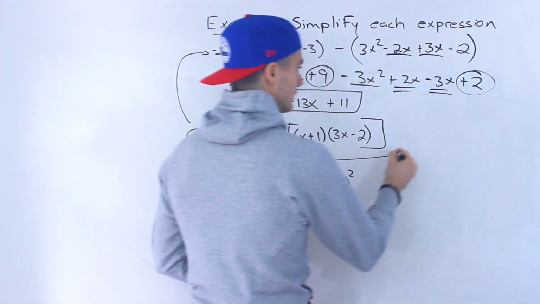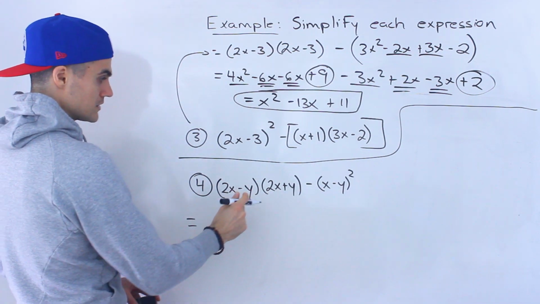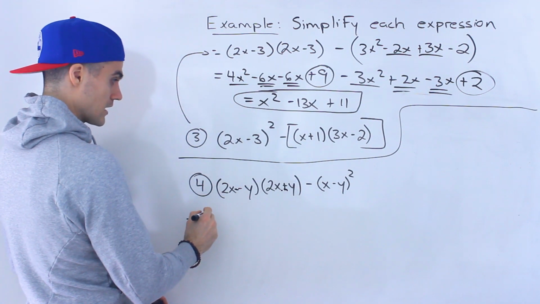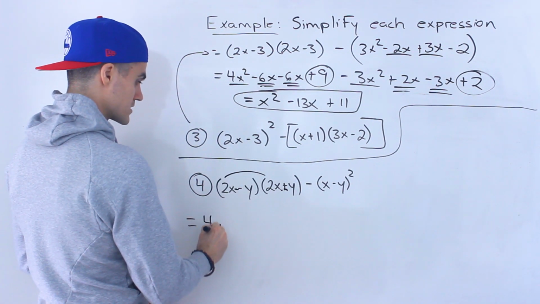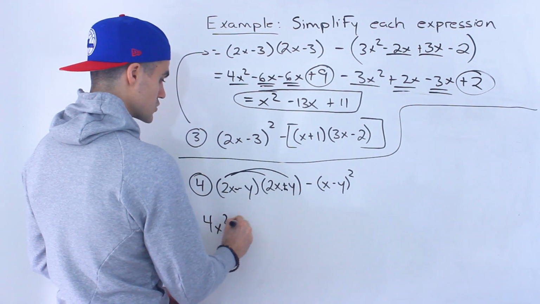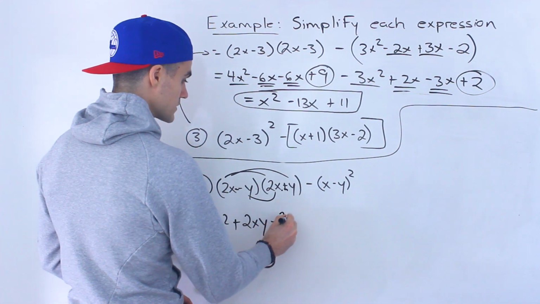All right, and then finally, number 4, kind of going all over the place here, but it's all good. So we would FOIL out these two brackets. So this would end up being what? 4x squared. Then we'd have 2x times y gives us 2xy. 2x times negative y gives us minus 2xy.